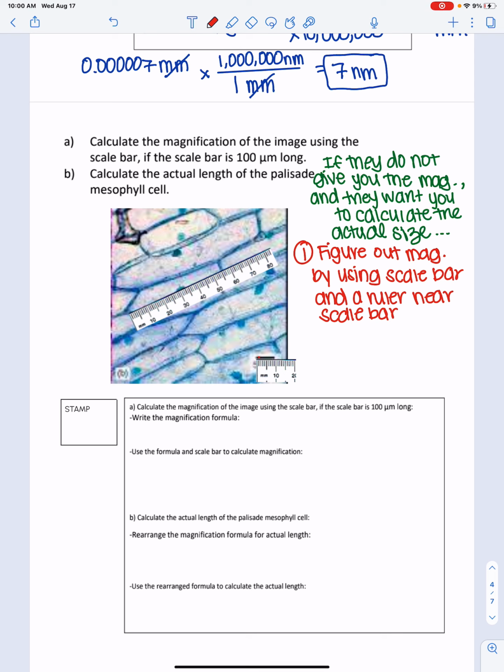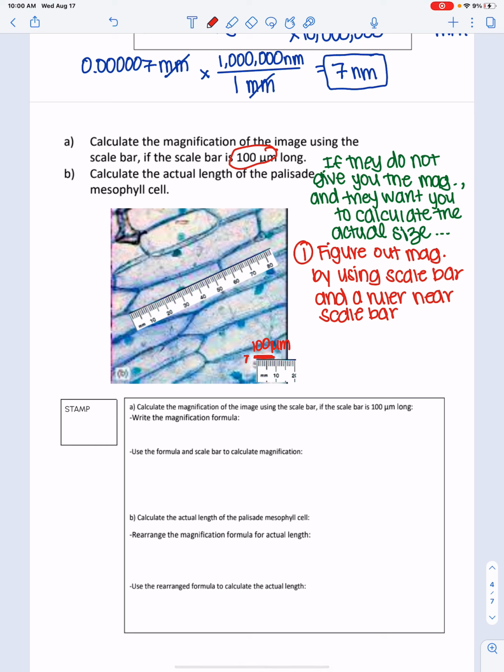Your scale bar is going to be a little line on this picture. Normally it will have a number above it, which is going to tell you the length of the scale bar. For whatever reason, in this example, they put it in the prompt. I think maybe it was a little bit too small to see. So normally it would look like this, right above that line.